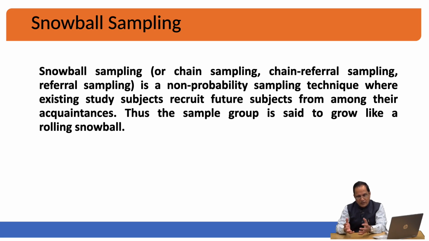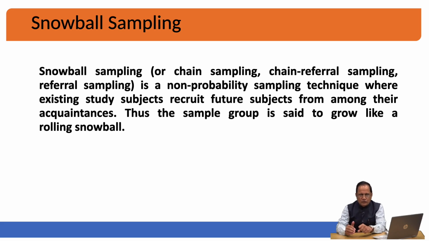Once we get data, we can approach the subjects, and from these subjects we can take information of other subjects, and these other subjects will again help us to find the next set of HIV patients, and in this way we can form a sample for conduction of the study.